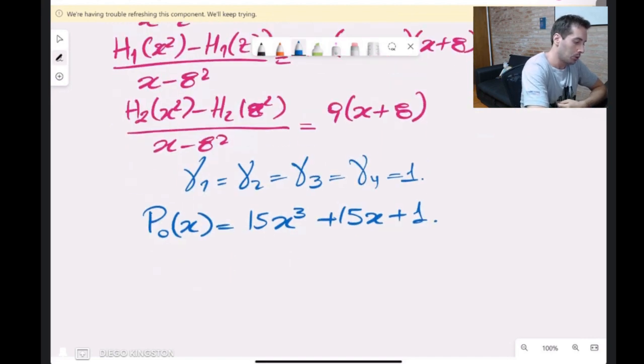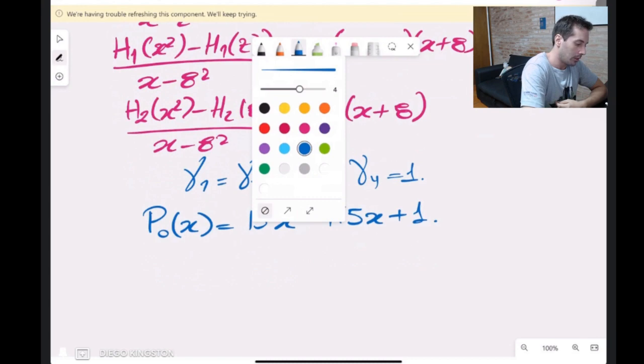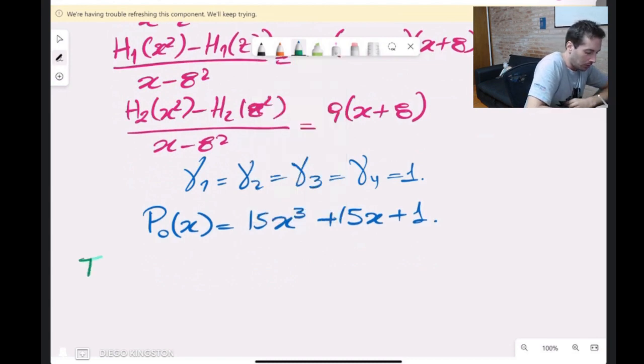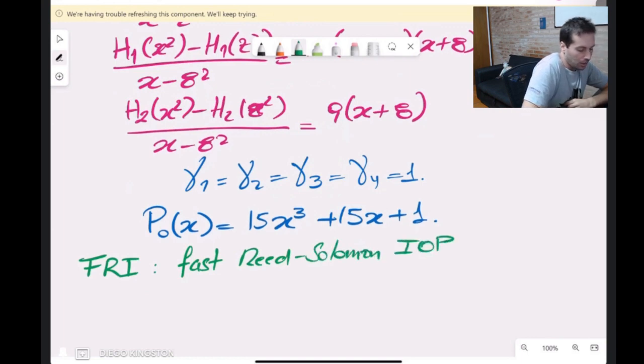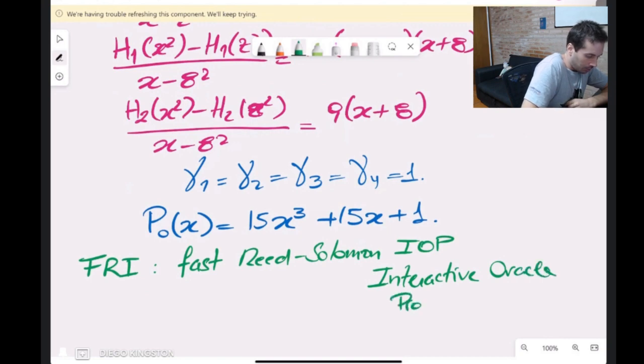And to do so, what we're going to use is something called FRI, which stands for Fast Reed-Solomon IOP, and IOP is Interactive Oracle Proof.